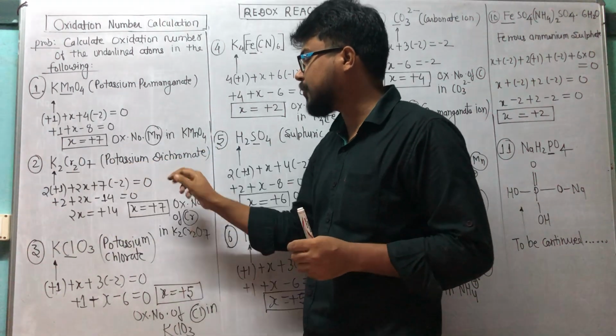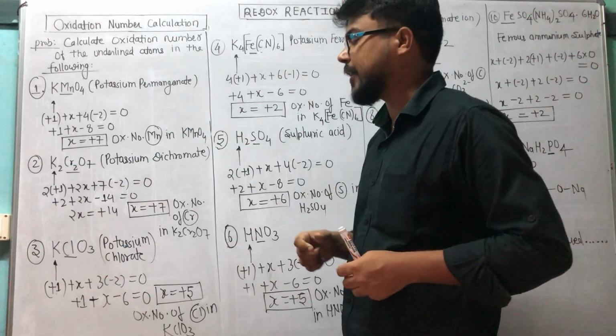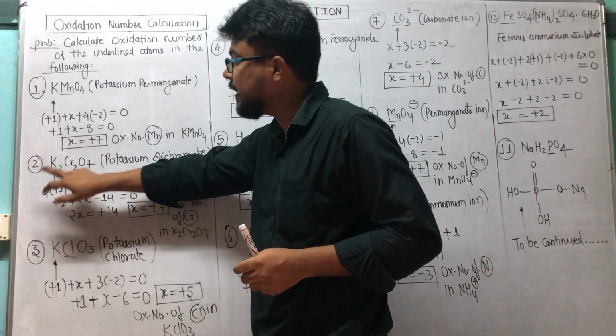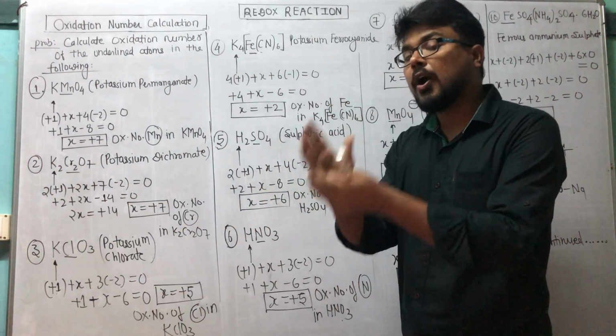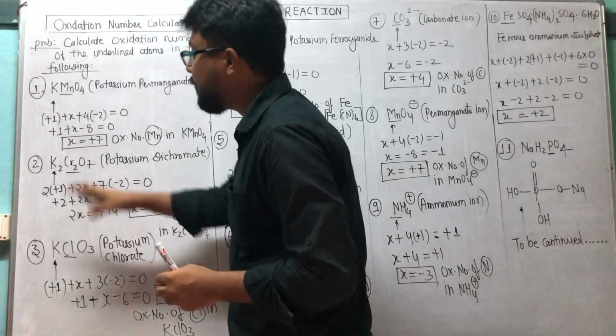Now potassium dichromate: I have to calculate chromium in potassium dichromate. The number of K is 2, outside the bracket. What is the oxidation number of potassium in potassium dichromate?